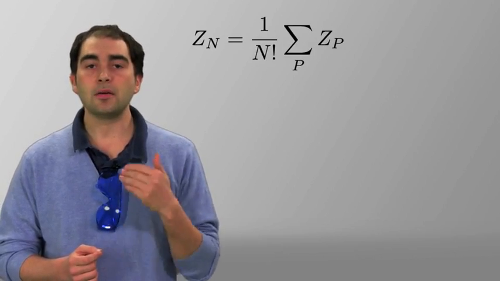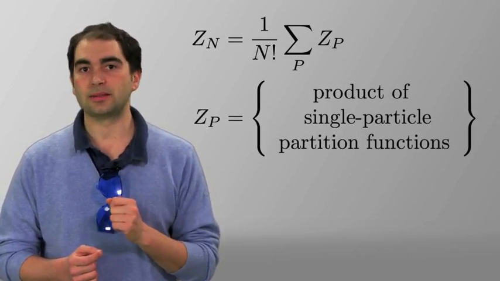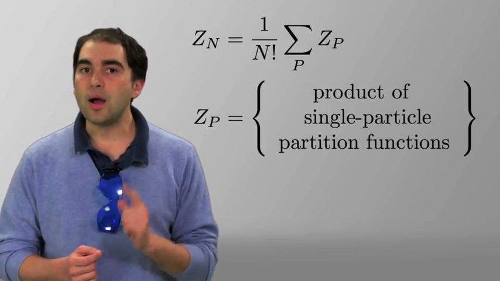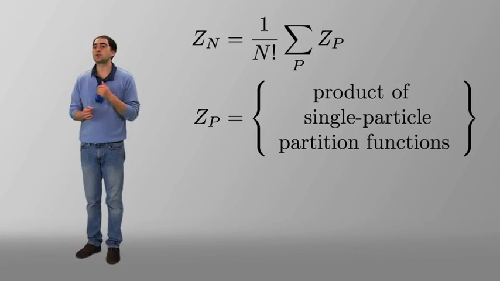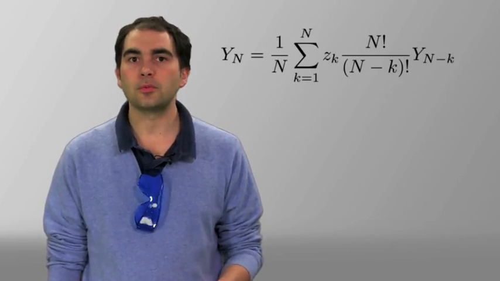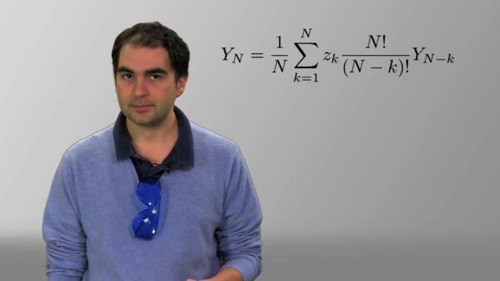So for ideal bosons, the n-particle partition function is just a sum of a product of single particle partition functions. However, this sum is very non-trivial, except for small n, where we can enumerate all the n factorial permutations. It is better to adapt the recursion formula introduced by Mikhail.